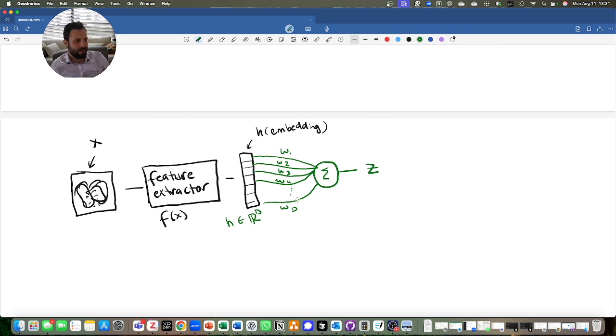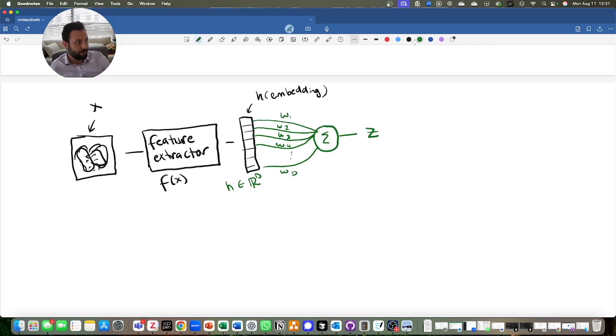Okay, so far we have built our first thing. So I have my Z, which is going to be the summation of d equals 1 to capital D, h_d times w_d. So that's my thing. And if you would like to write it in a more linear algebra way, it is nothing but an inner product.